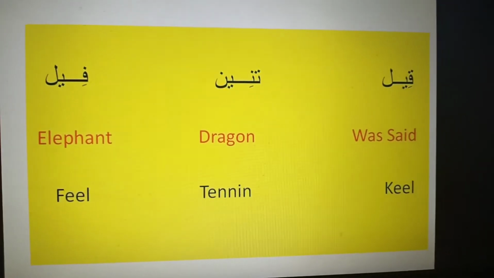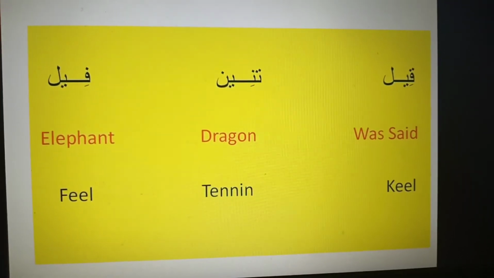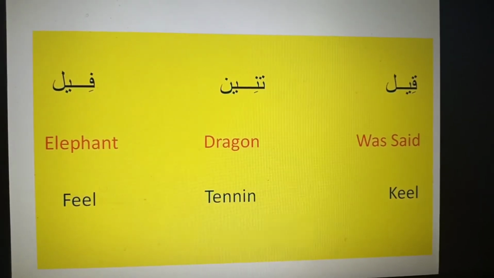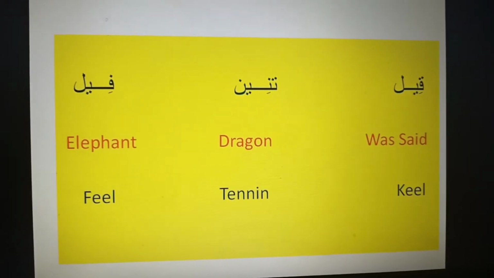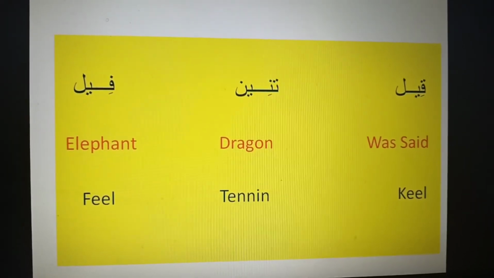So qeel means was said, and you can see here it's a passive form of the verb, and it consists of 3 letters.